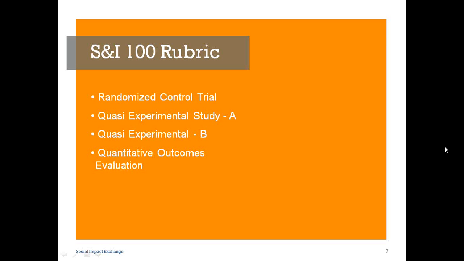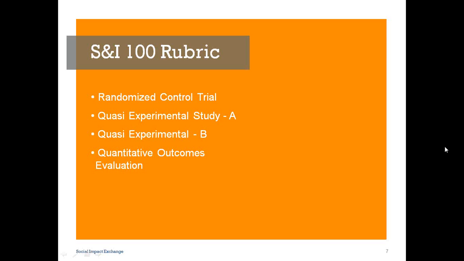We believe that evaluation plays at least two very important roles. One is to document the results of a program or intervention. Another is to gain insights into what influences quality so that resources can be allocated as effectively as possible. The S&I 100 evaluation rubric sets uniform standards for the evaluations we accept, while recognizing that a lot of different factors go into the type of evaluation an organization commissions.